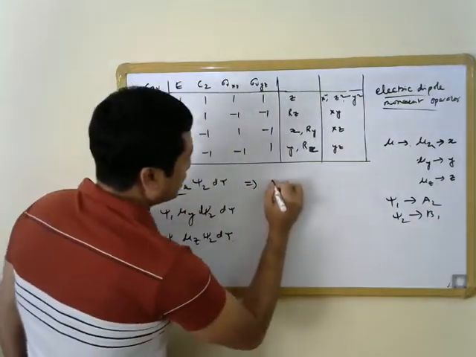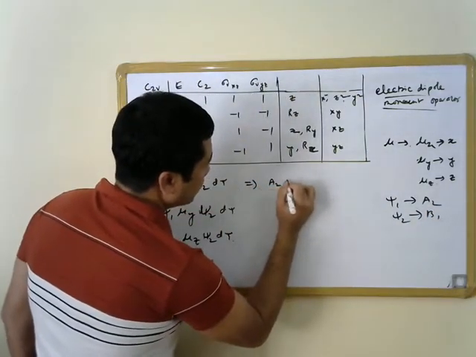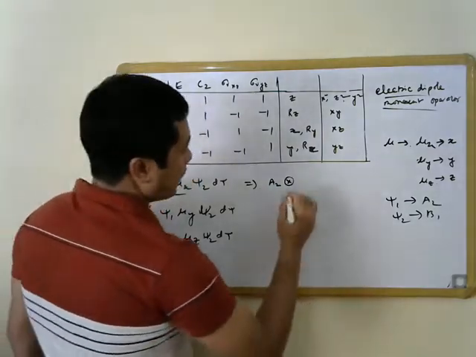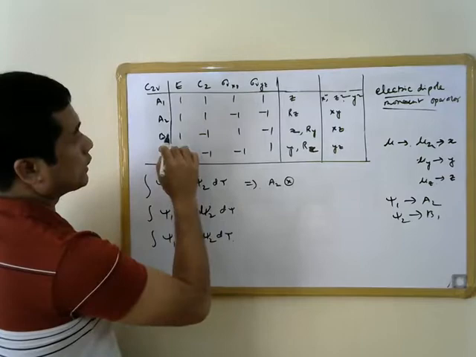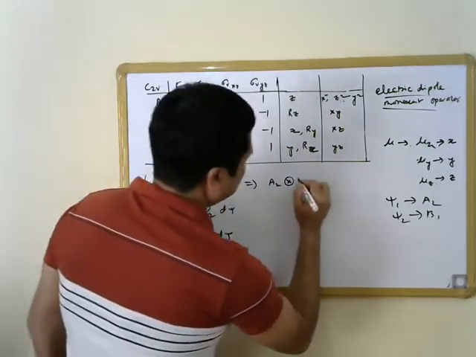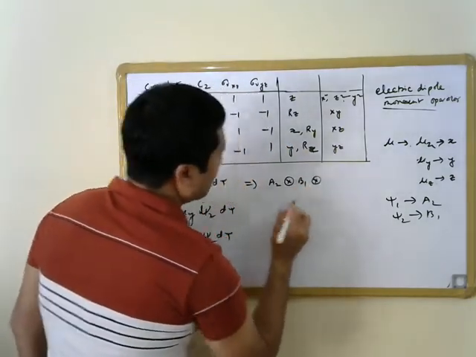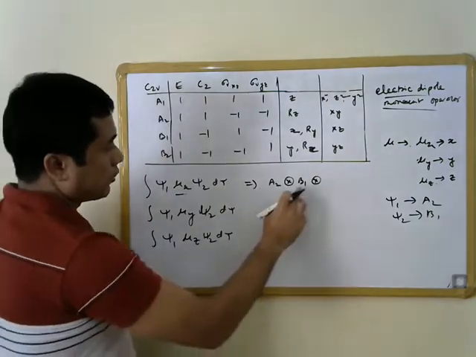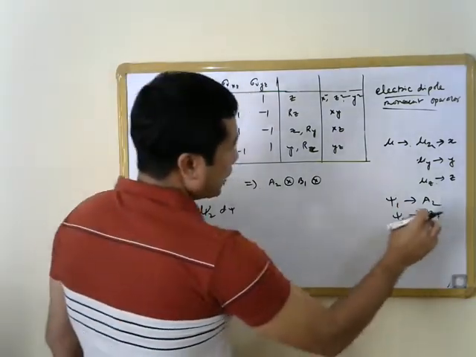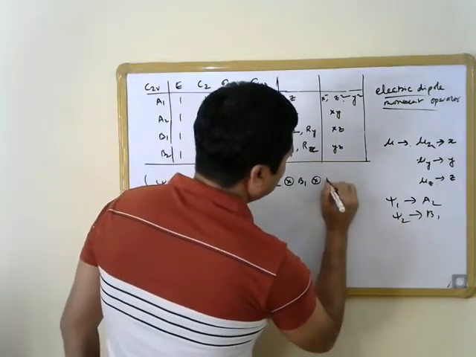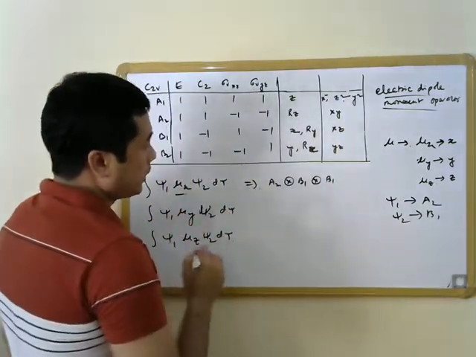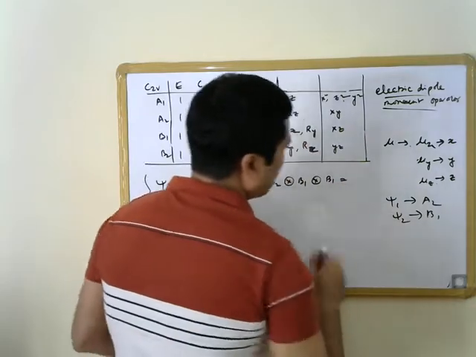So instead of psi 1, we will write A2, direct product, mu x, and x transforms as B1, so we write B1 over here, and then psi 2 transforms as B1, which we have written.